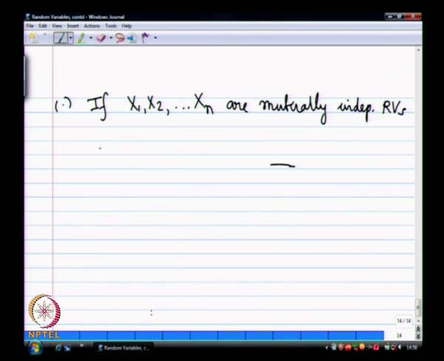And I define the variable y, which is the aggregation of all those streams. Sometimes you need to know the distribution of this y given the distributions of x. Sometimes it is easy to figure out, sometimes it is hard.